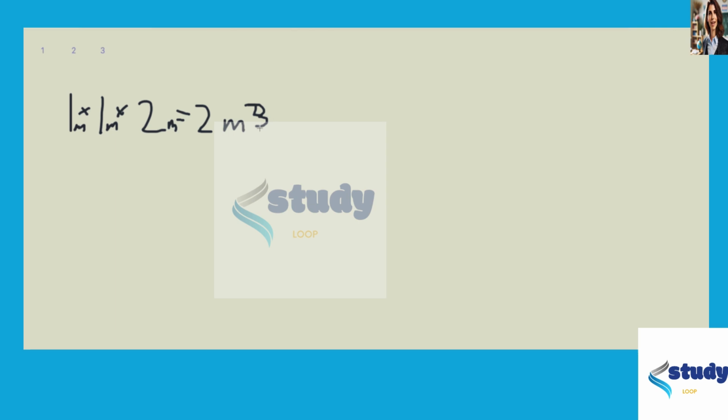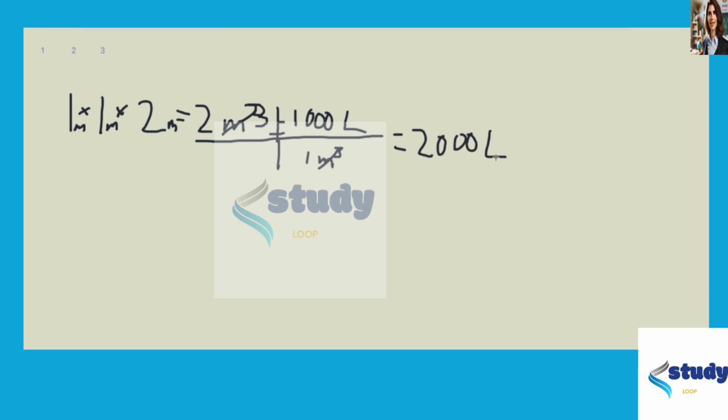And now we can convert this 2 meters cubed into liters by the conversion that there is 1,000 liters in 1 meter cubed. And so our meters cubed cancel, and we end up with 2,000 liters.